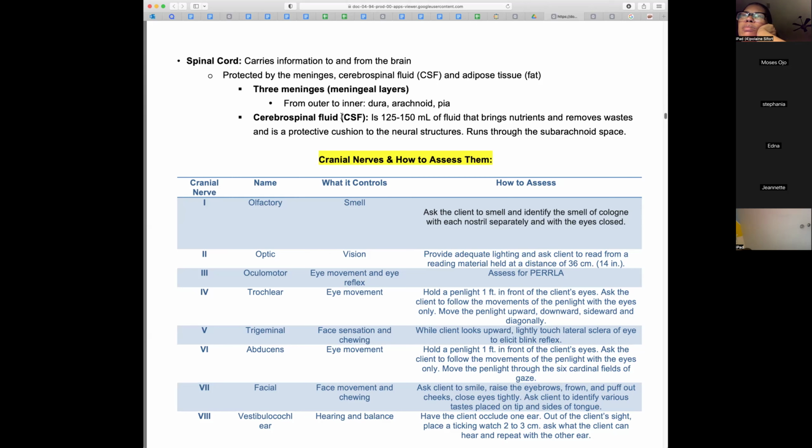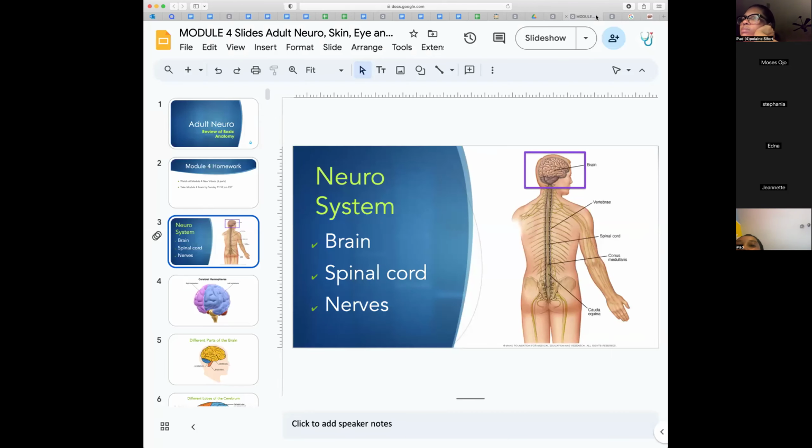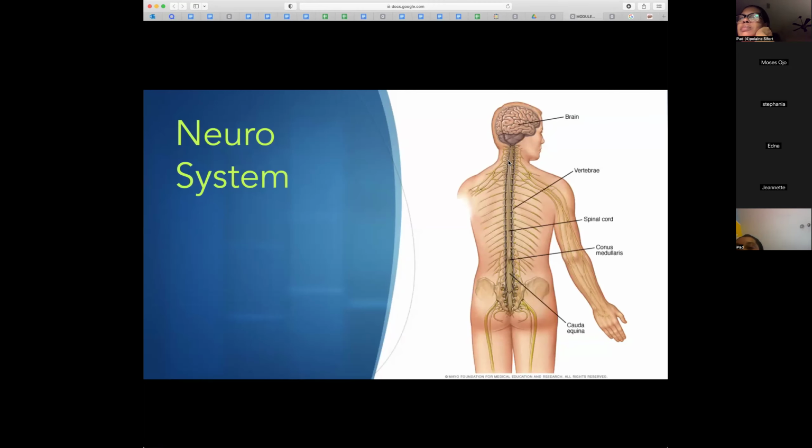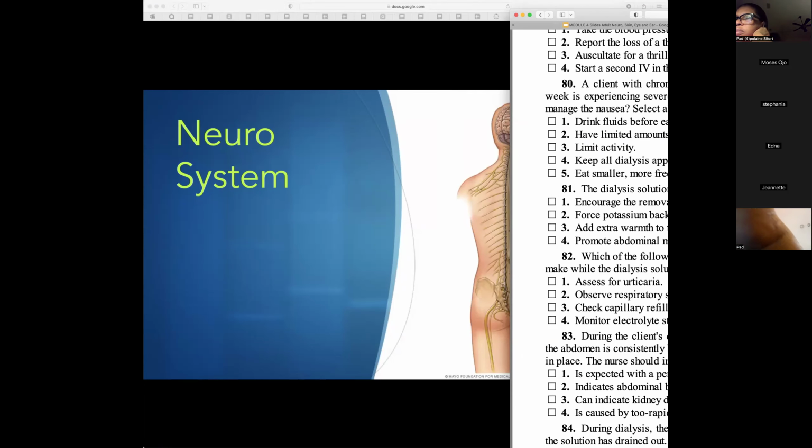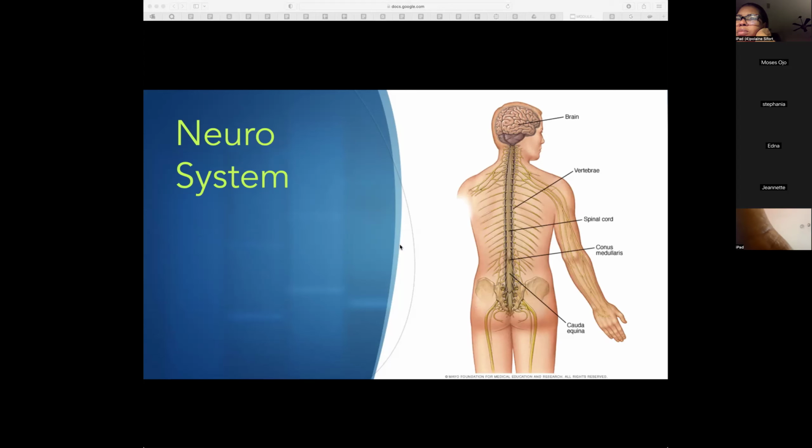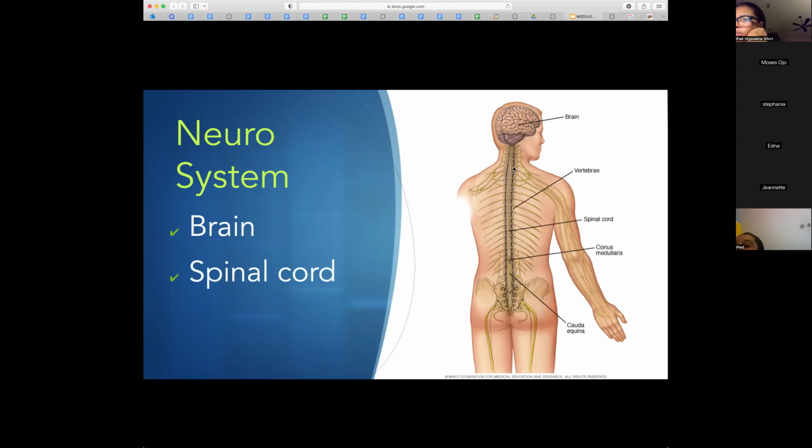All right, guys, so now we're going to learn about the spinal cord. The spinal cord carries information to and from the brain. So when we're talking about neuro, we just talked about the brain, right? Cerebrum, cerebellum, and brainstem. From the brainstem is going to emerge the spinal cord, okay? So I want you to write this down.